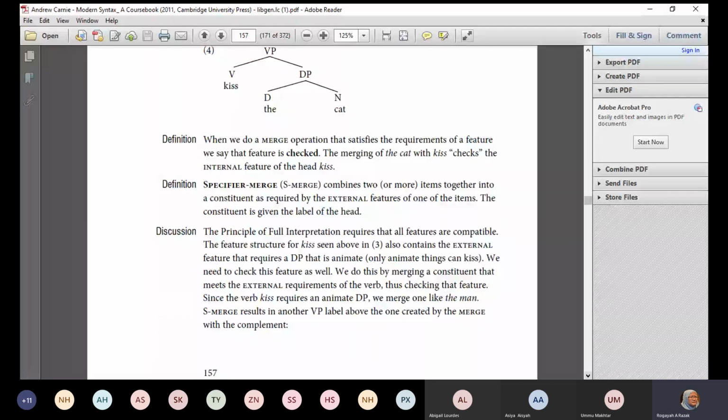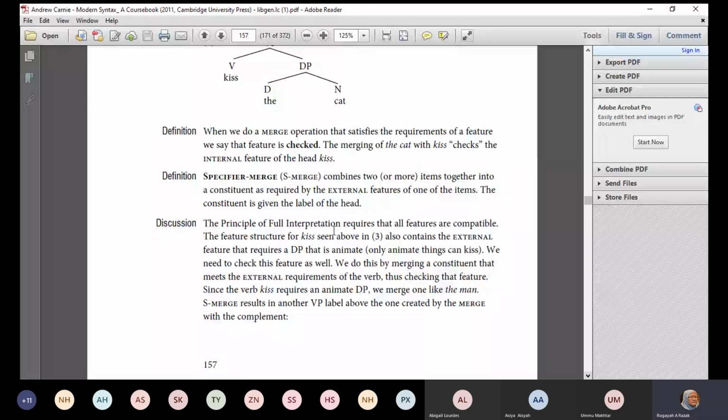Earlier we had complement-merge; now we talk about specifier-merge, S-merge. S-merge combines two or more items into a constituent as required by the external feature of one of the items. The constituent is given the label of the head. This is to give way for the subject, which is a specifier, right?